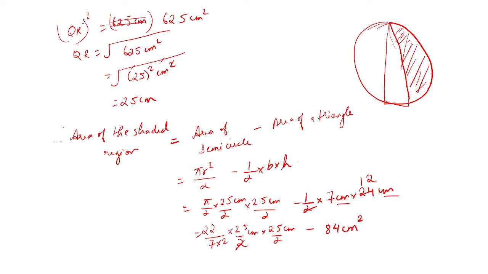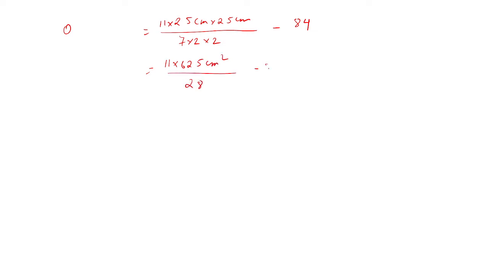Now you can cancel this out, so you'll be left with 11 into 25 centimeter into 25 centimeter divided by 7 into 2 into 2, okay, minus 84. So you really don't have to, you multiply this, okay? So this will be 25 into 25, 625. You'll have to do the calculation yourself, okay? 625 centimeter square divided by 28 minus 84 centimeter square.